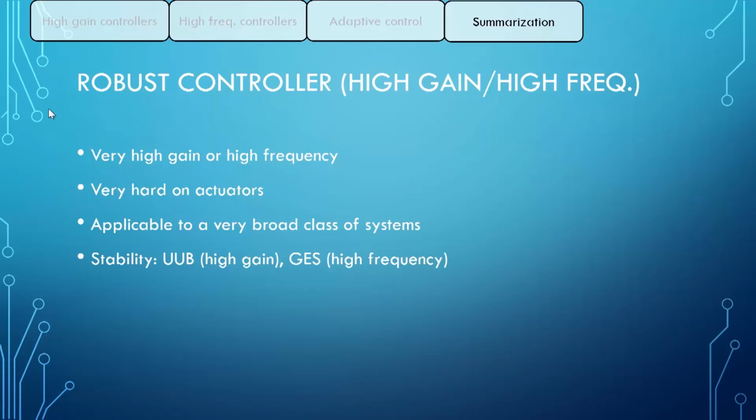Here we pick K2 as large as you can, as long as it's greater than the uncertainties, and same as here, right? So it's applicable to a very broad class of systems. You can apply it because it's robust, right?